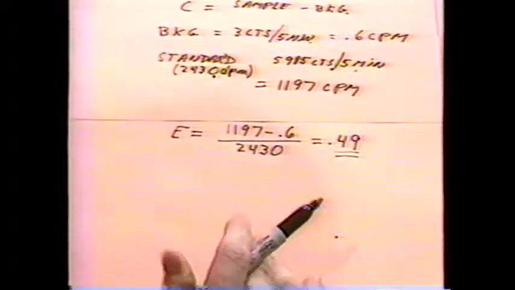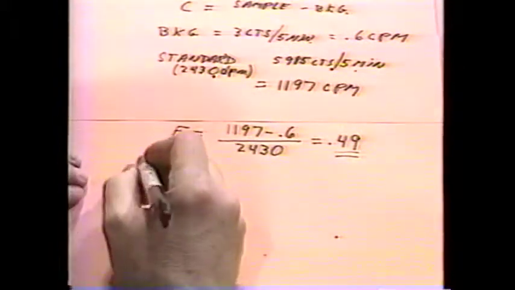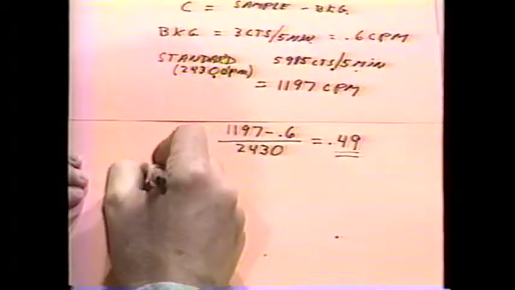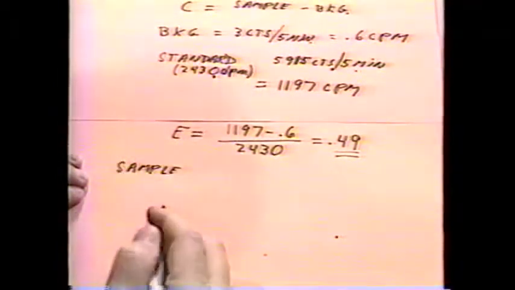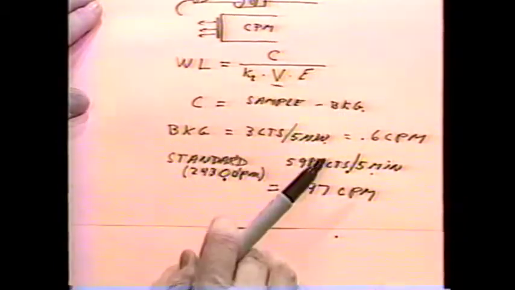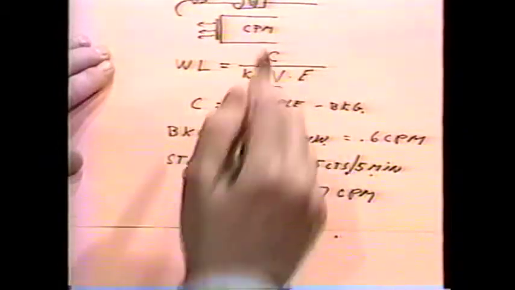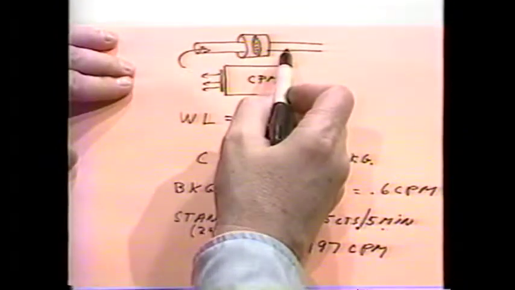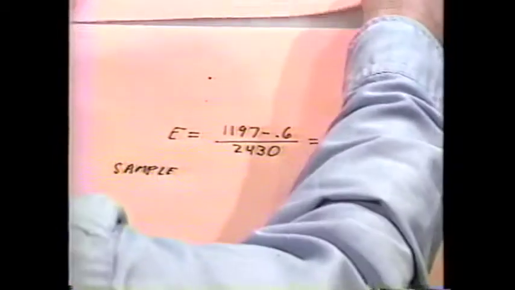Now, let's further suppose that the sample volume, I'm looking at the V in the equation for working level now. Let me bring that down here. I'm going to look at this V for a moment. What is that volume? Well, that's the volume of air that we have dragged across this filter paper. And how do we get that volume?